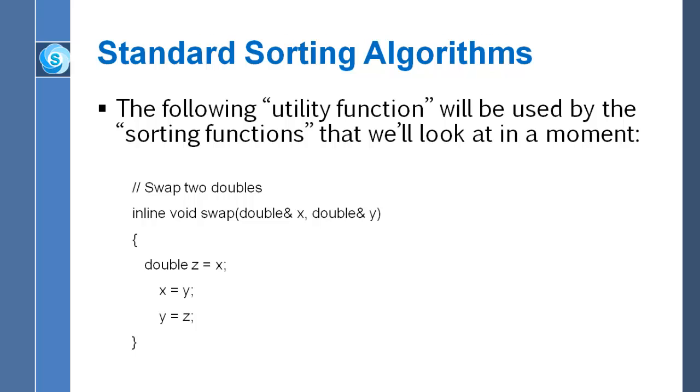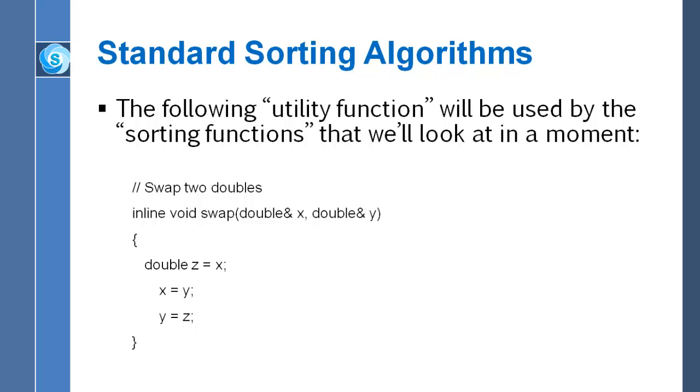And so if you look at the body of this function, you quickly see that all it does is swap what's in x and y. It uses a third variable z to pull off a swapping. The usual thing, x gets copied into z, a local variable, and then y gets copied into x, and then z gets copied into y. So the upshot is x and y get swapped.